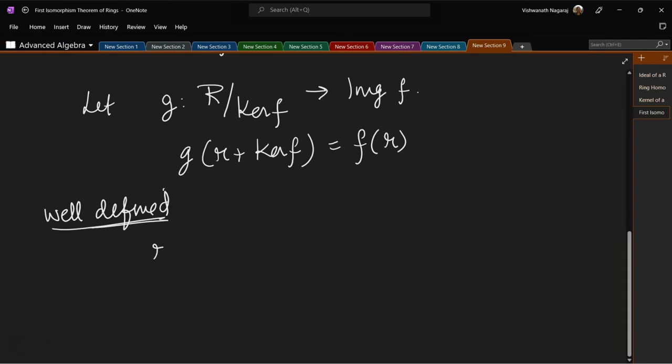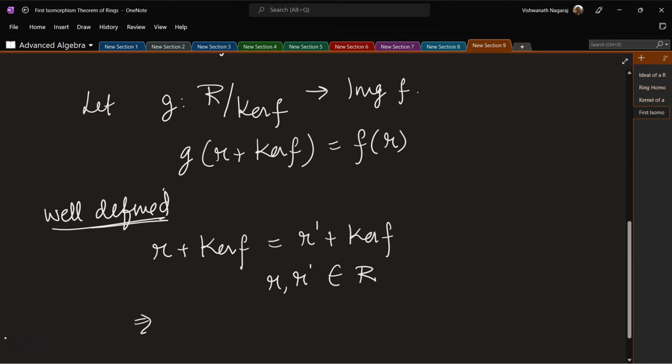Now let's say we have R plus kernel of f is equal to R prime plus kernel of f, where R and R prime belong to R. What this implies, if we rearrange, is that R minus R prime belongs to kernel of f, or R prime minus R belongs to kernel of f.